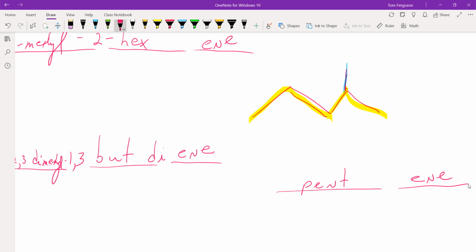And what carbon number does it start on? Carbon number 2, so it's 2-pentene. And the branch is on carbon number 4, so it's 4-methyl-2-pentene.